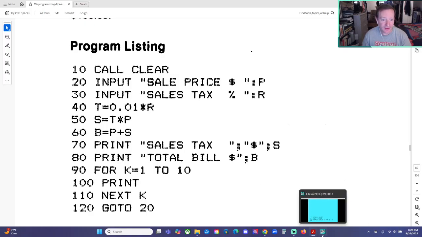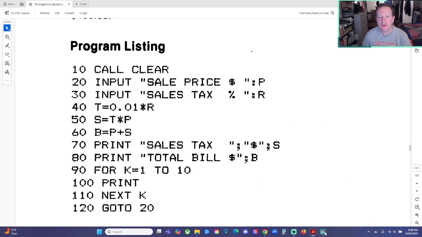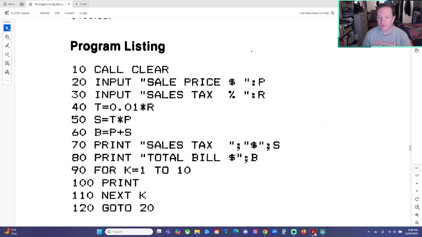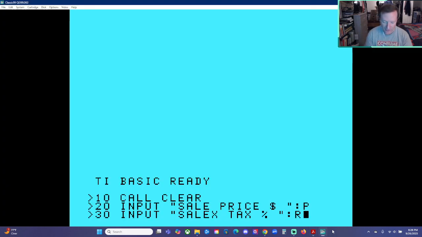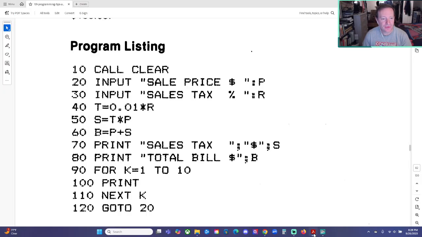However, oddly, 30 input, sales tax percent, we have a space again, space is funky there, and a colon, not semicolon, colon R, for the tax rate presumably, R for rate.